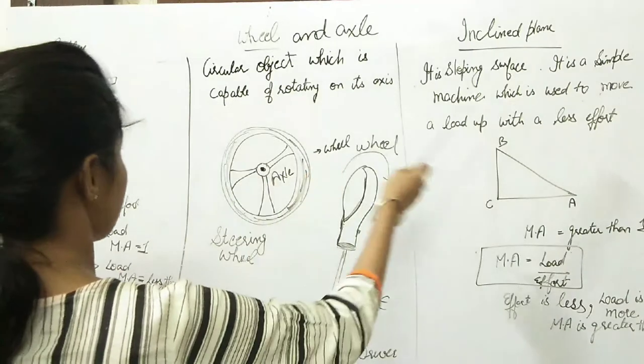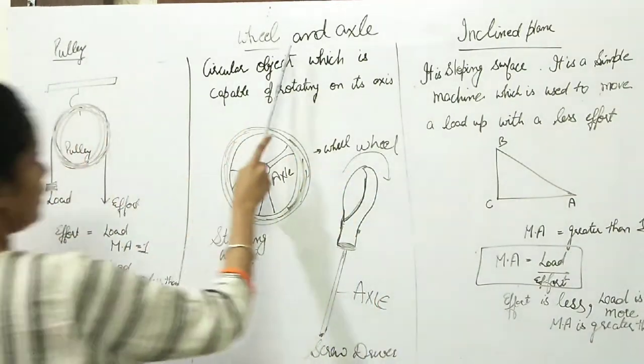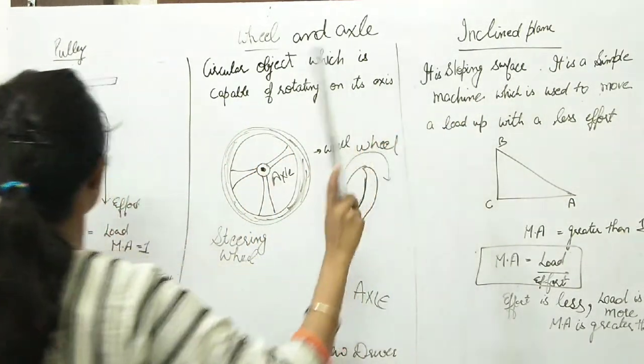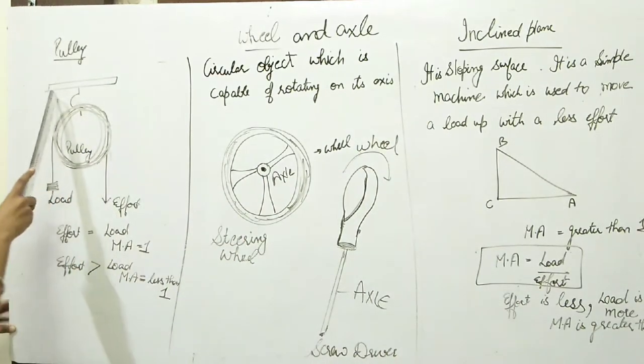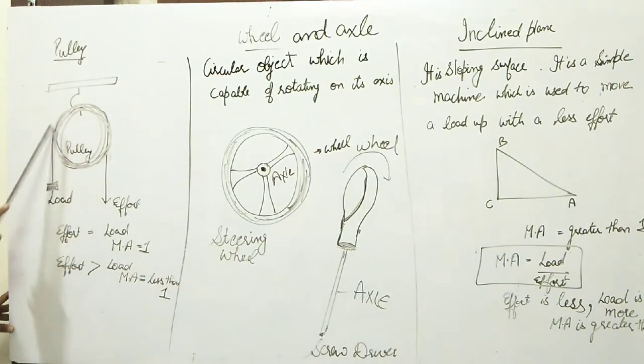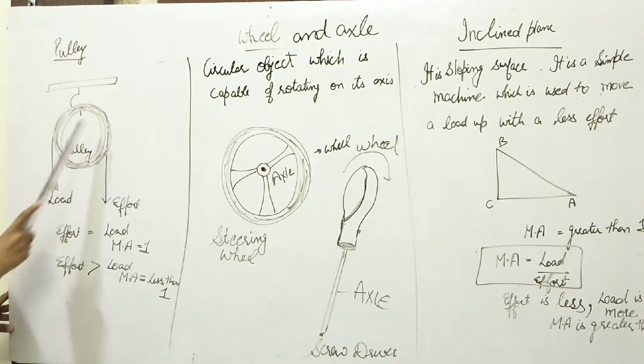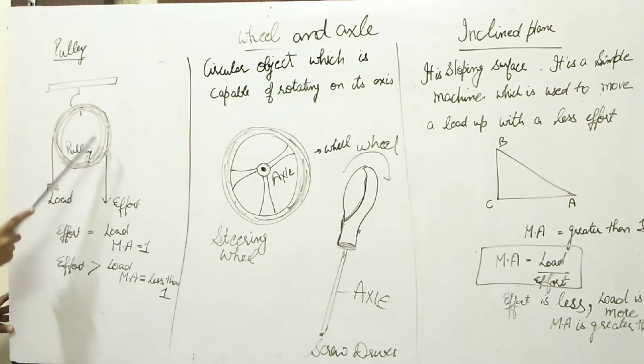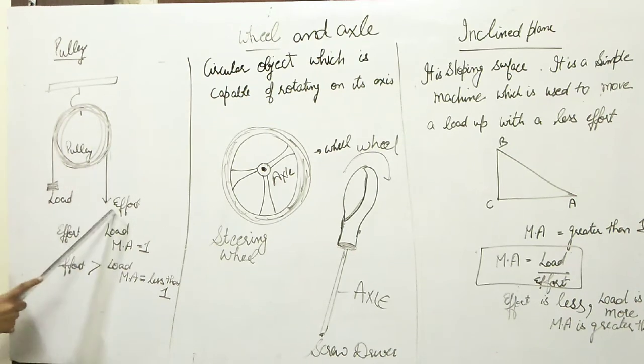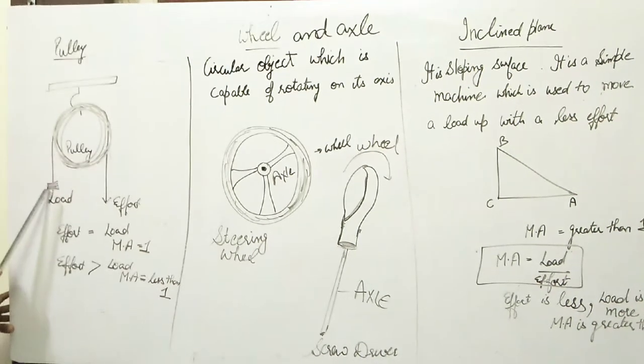There are also simple machines like the pulley, wheel and axle, and inclined plane. First, the pulley. A rod is there, a rope is there, and the load has been applied, and effort as well. Effort is applied on this side, and the load is on this side.